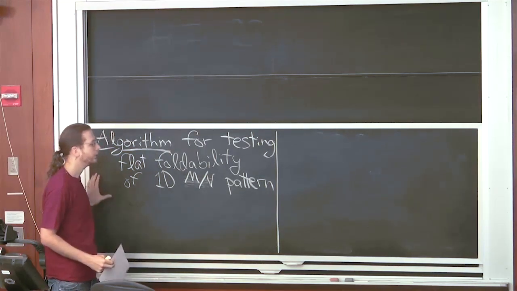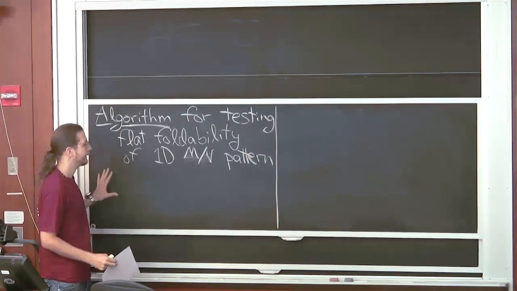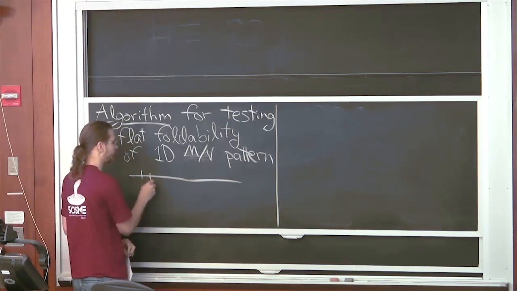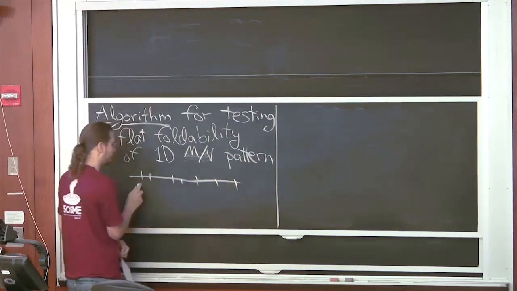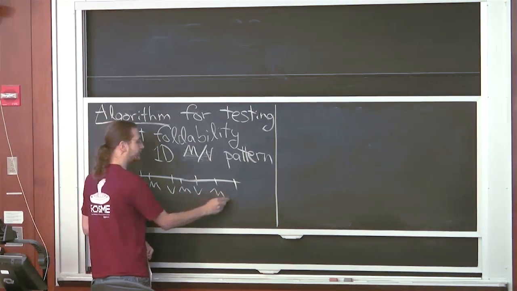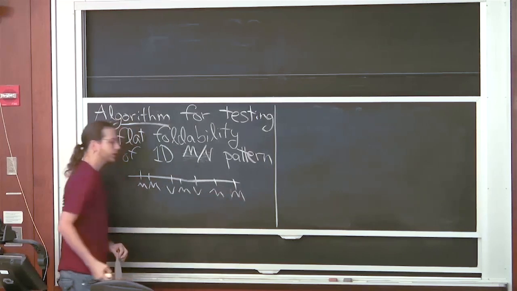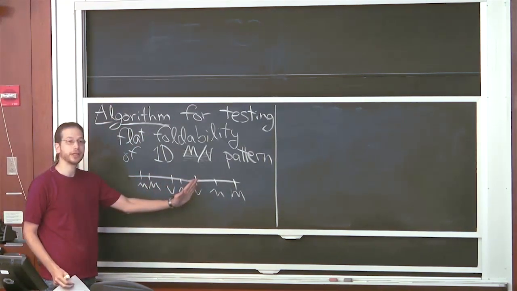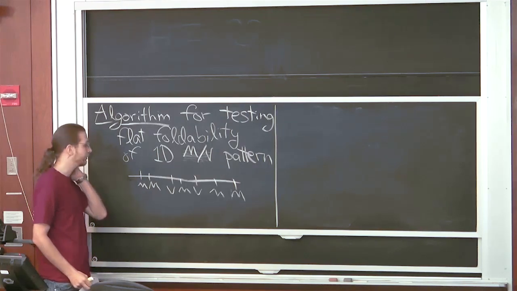So, a 1D mountain-valley pattern, something like this. I'm going to follow the same approach, which is sweep left to right until I find either an n-fold or a crimp that I can do.